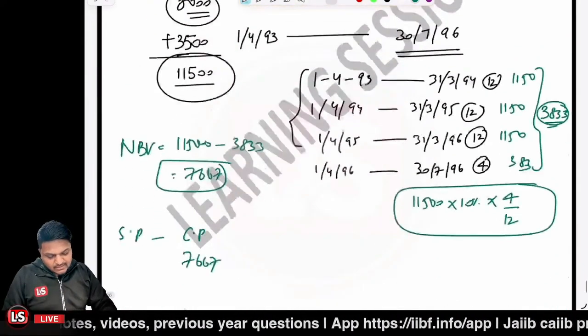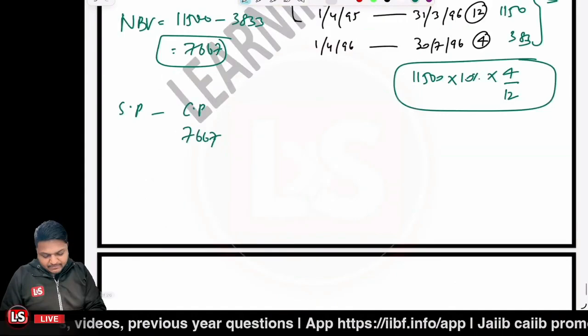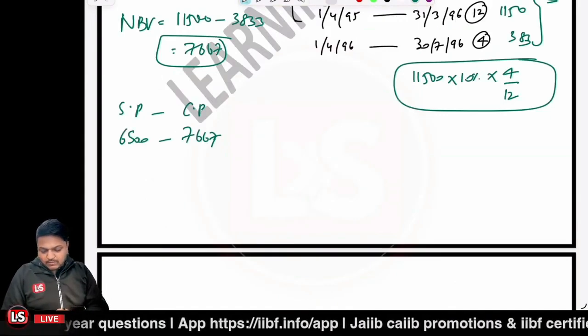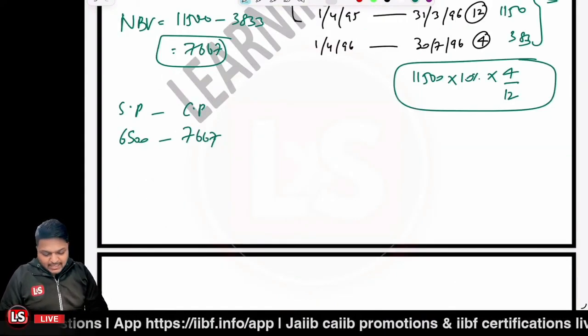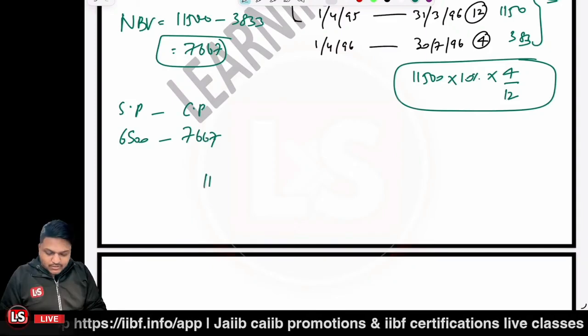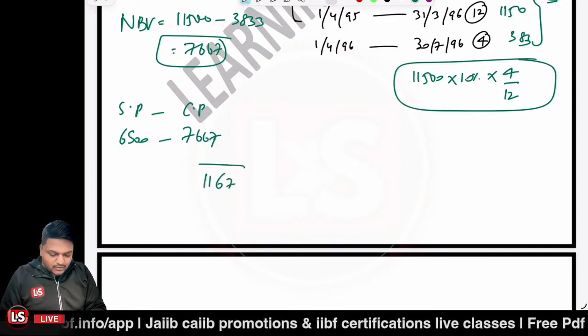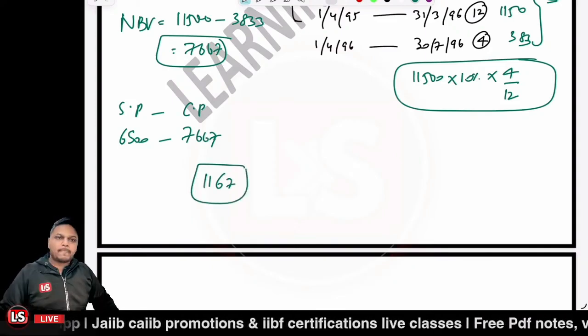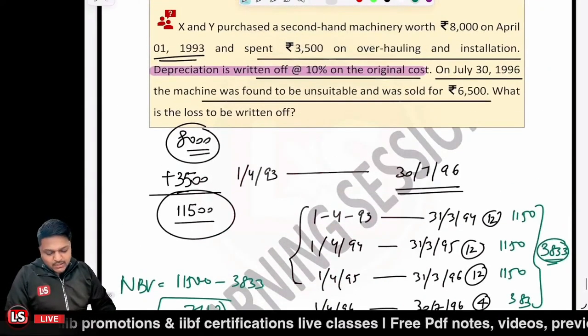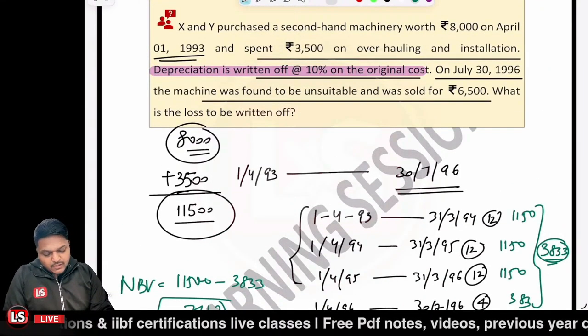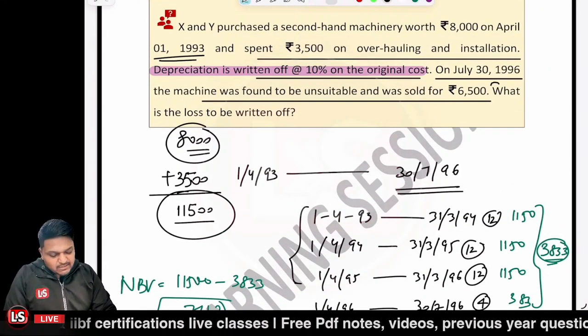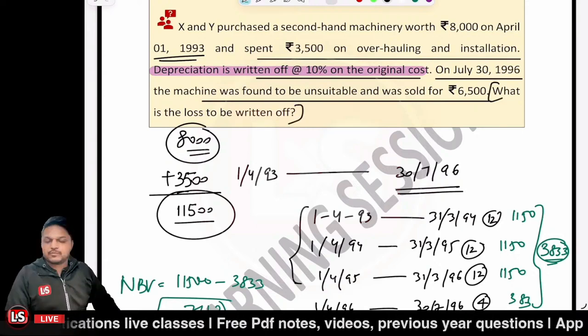Yes, it is 6,500. So there is a loss of 1167. So this amount is to be charged to the profit and loss account. Because they have asked in the question what amount is to be written off. It is 1167 which is to be written off. Is it clear?